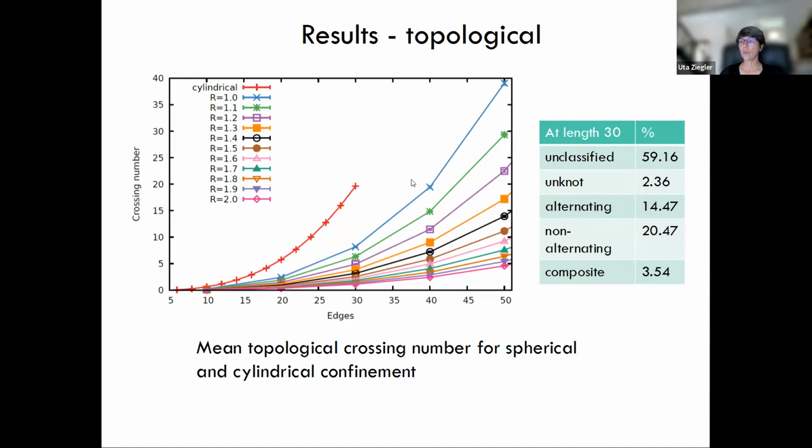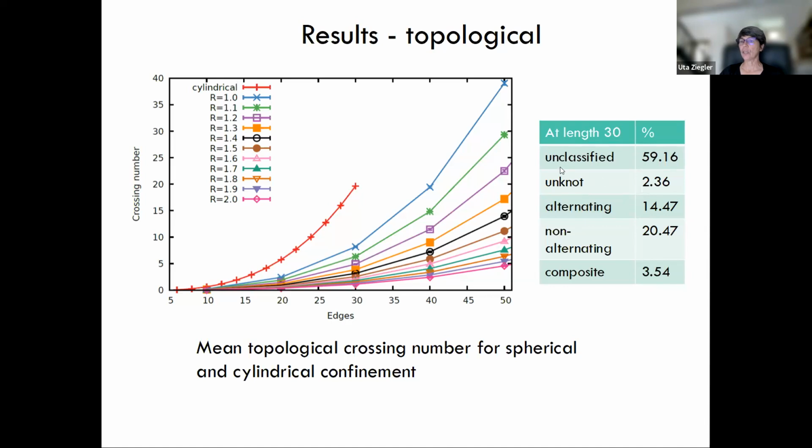Just looking at it, we can say this looks like a similar shape. It also looks like this is on the side of 1, which would indicate it kind of mimics a radius of confinement smaller than 1. This is the mean topological crossing number, same thing as we saw earlier for the spherical model.